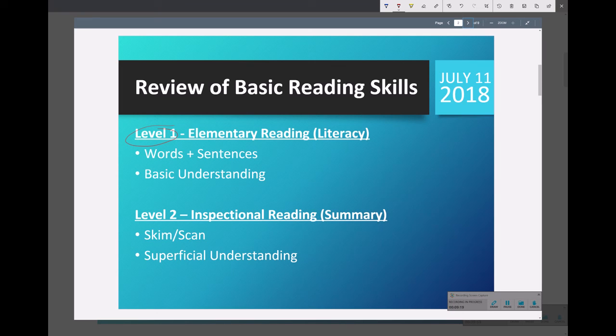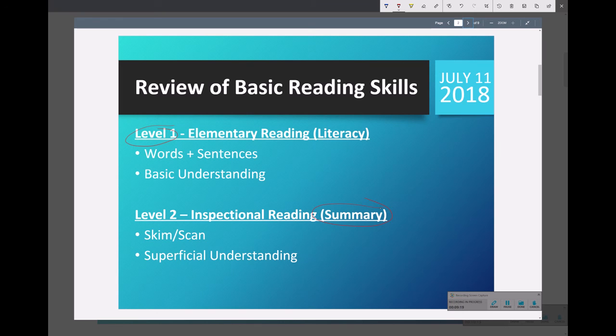But in level 2, you have to work quickly. You're reading more than one article at a time. And this is going to happen in your research paper where you're reading multiple articles to find the right ones to write your essay on, in which case you're trying to collect information.